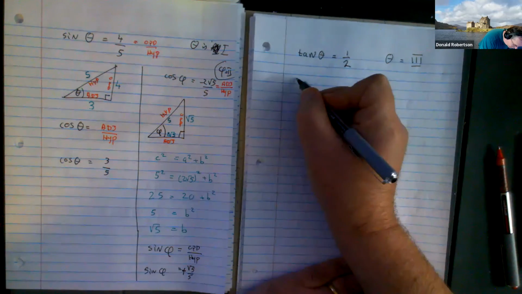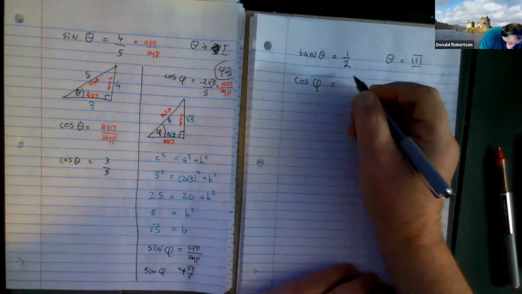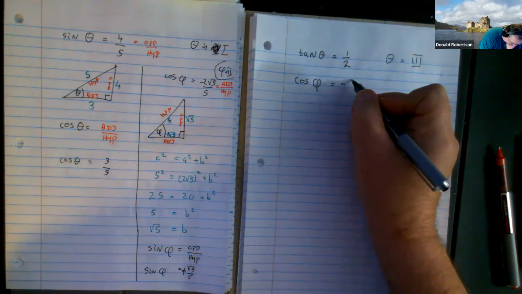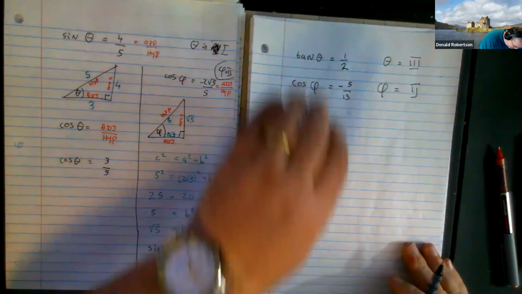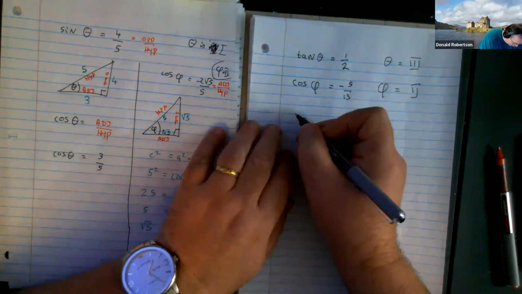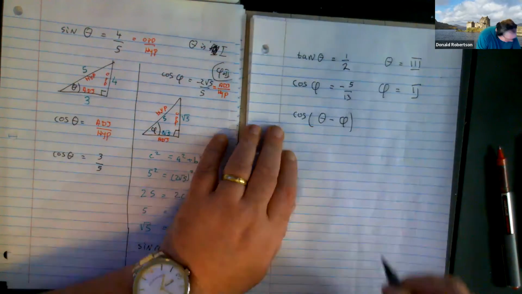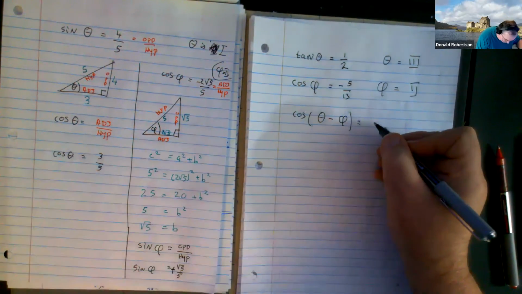And we're going to tell you that the cosine of phi is negative 5/13, and that phi is in the second quadrant. And I want you to find for me the exact value of the cosine of theta take away phi. And I'll write that bit down for you, because that's going to disappear in a second.